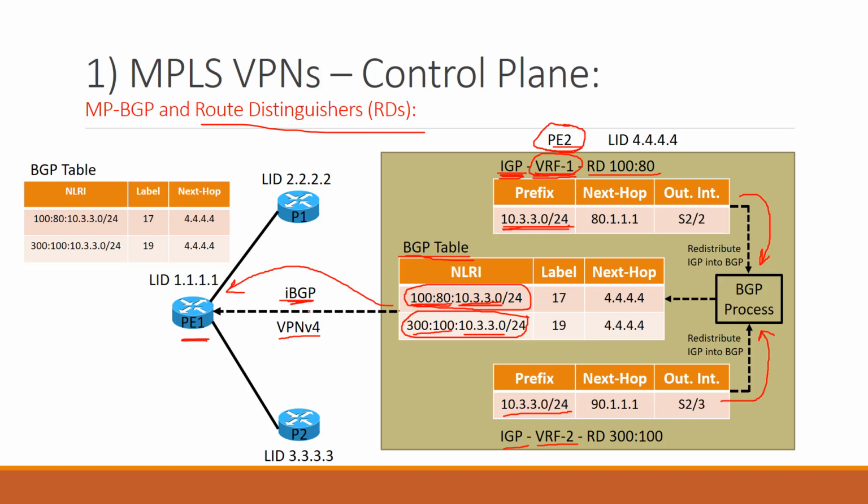But all you should know is that route distinguishers with multi-protocol BGP are used to distinguish between duplicate IP prefixes. As you can see, the BGP table received by PE1 has this new NLRI format, and these two new prefixes are unique. They are not duplicated. This is the purpose of the route distinguishers.